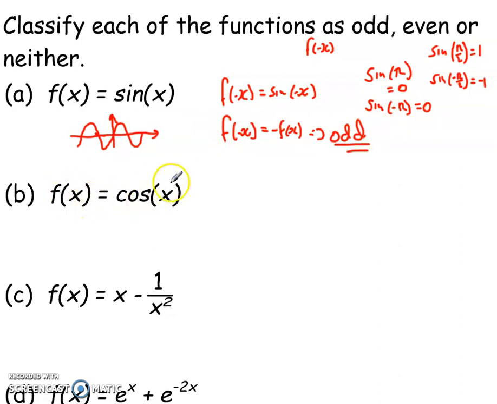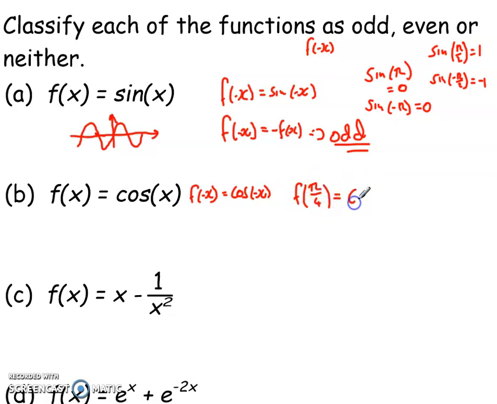Second one, f of x equal to cos of x. Again, we start at the same one, f of negative x. So that is equal to cos of negative x. So what I now want to do is start to think about values of x, and let's see how they hold out. So let's say I do f of pi over 4.